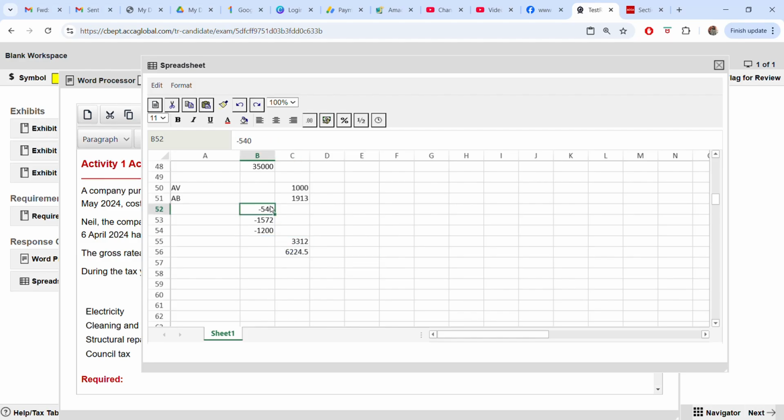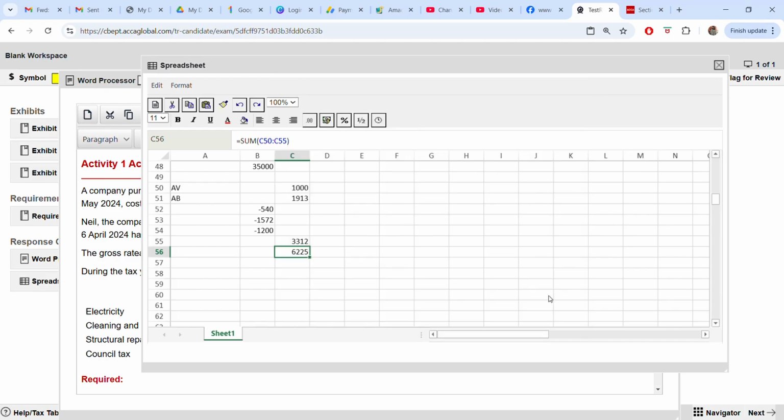Okay, you have to add all this. These expenses you have to add with this annual value and the additional benefit, because this expense is also paid by the employer with this. So this will be added. This will round up.